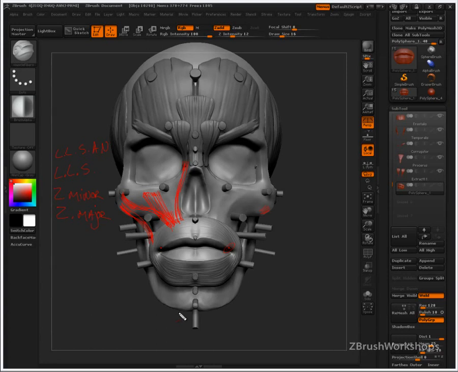One part is going to hug really close to the nose. Another part is going to pull off slightly and start to intermingle in here with the zygomatic major. But I'm going to treat these as one unit, just having it flow in. So we've got the levator labii superioris, and then the alaeque nasi, zygomatic minor, zygomatic major.